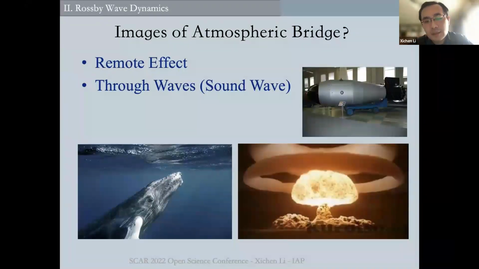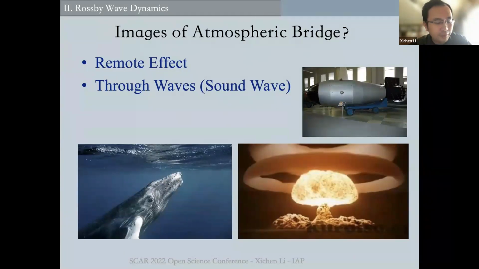And in 1961, when Russia detonated the most powerful nuclear bomb in Siberia, the sound generated by the bomb actually surrounded the globe 5 times.